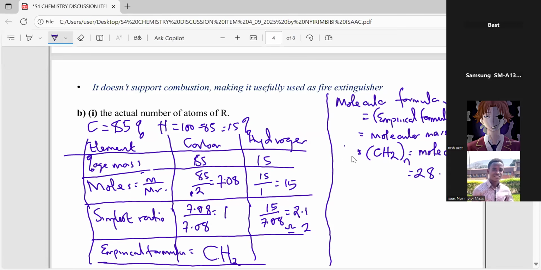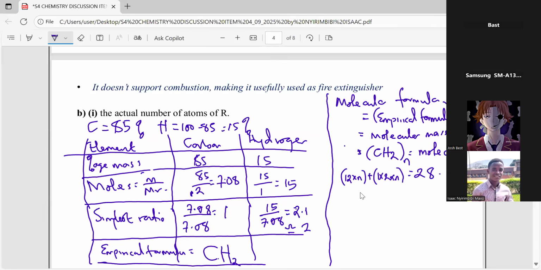Where there is C, we put 12, and open the bracket: 12 times N, that is 12N, plus H, which is 1 times 2, then times N, is equal to 28.